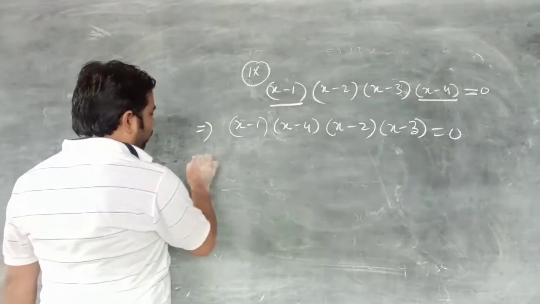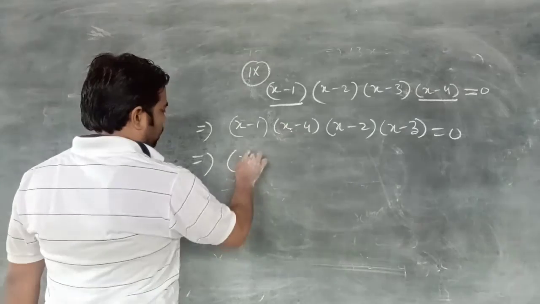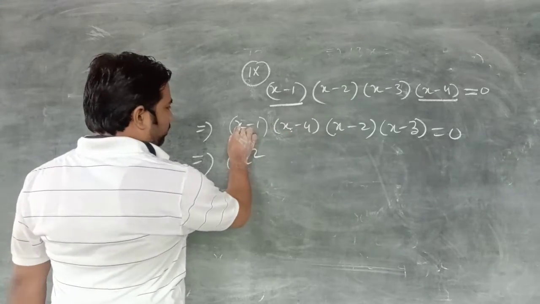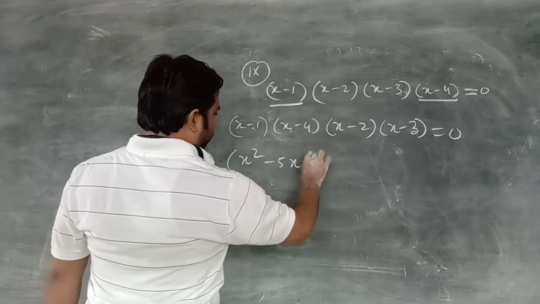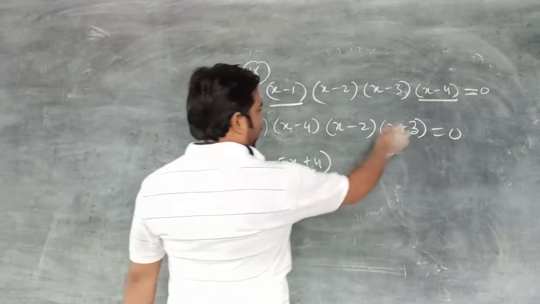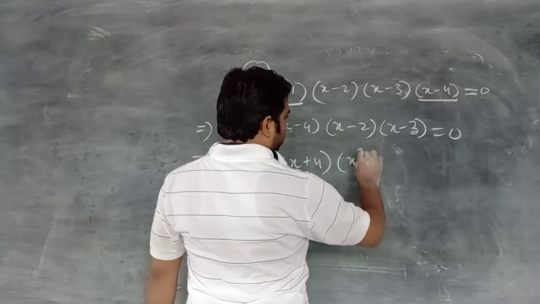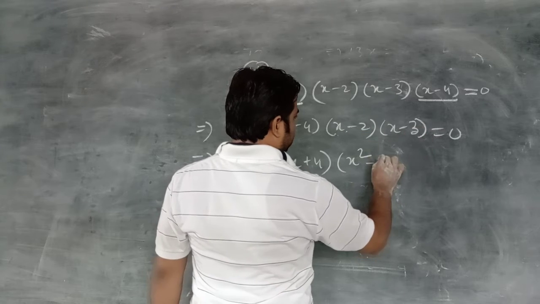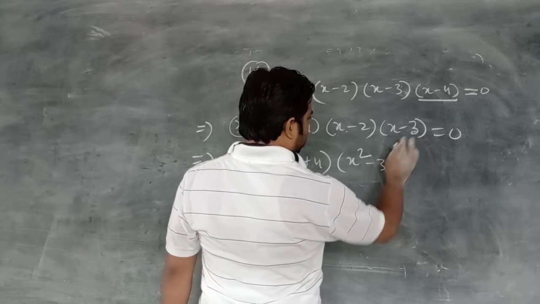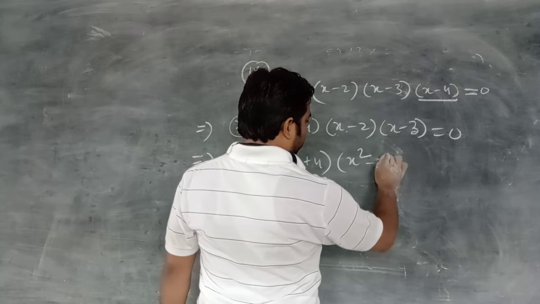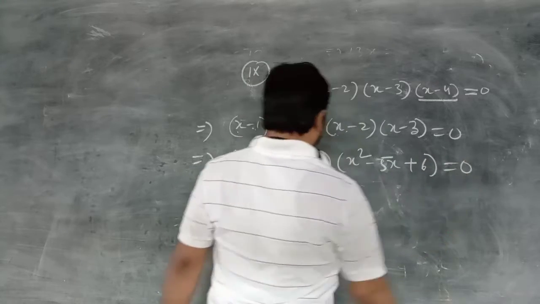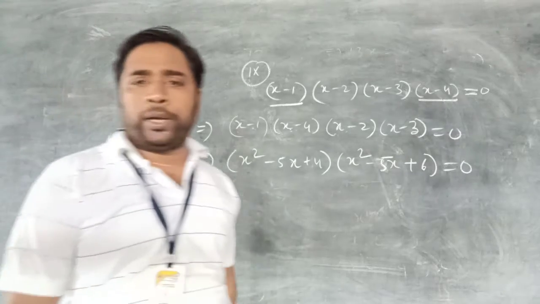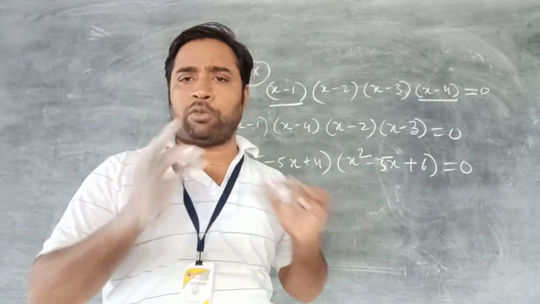After that you have to multiply these two parts and these two parts. If you multiply, you get x square, minus x, minus 4x, so this is minus 5x, and minus minus plus 4. So this is x square minus 3x and minus 2x, which is minus 5x again, plus 6. Now you see, there is a common part in both terms, so we can consider the common part as y.